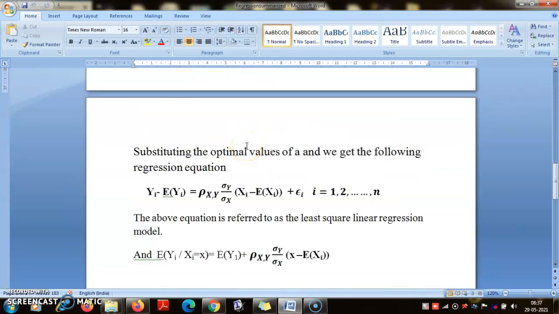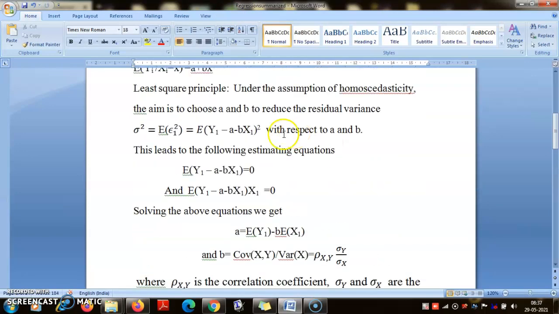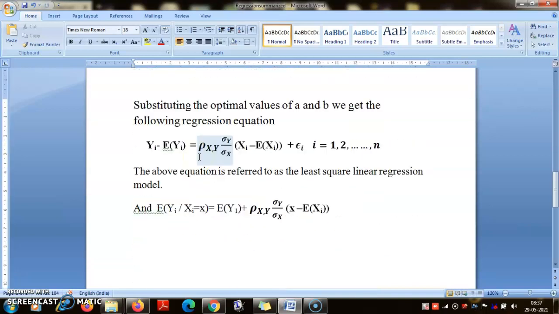So substituting these optimal values of a and b in this equation: you can choose any value of a and b and you will get this equation, but now we have chosen a and b optimally, and so we get this equation: yi minus expectation of yi, the deviation from the mean of the y values, is equal to rho xy sigma y by sigma x times the deviation from the mean of the x values, plus the error epsilon i.